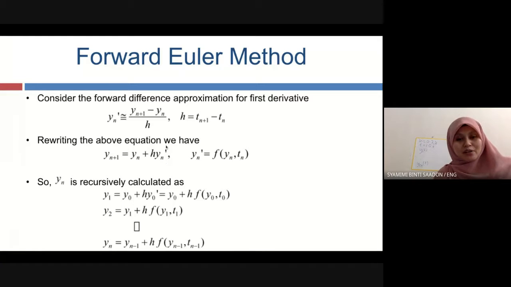So yn prime is a function of yn and tn, because yn is a function of tn. We can write this Euler method for each time step. Starting from y0, which is normally given as the initial point, that's why we call this an initial value method.